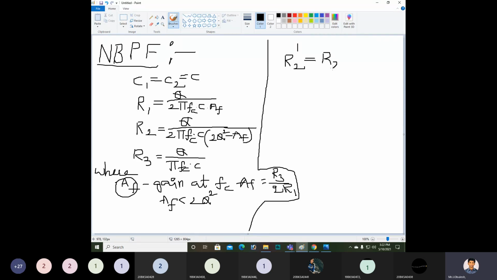The square is for this term only, not for R2. So we are simply changing R2 into R2 dash, so that R2 dash is equal to R2 into Fc by Fc dash whole square.